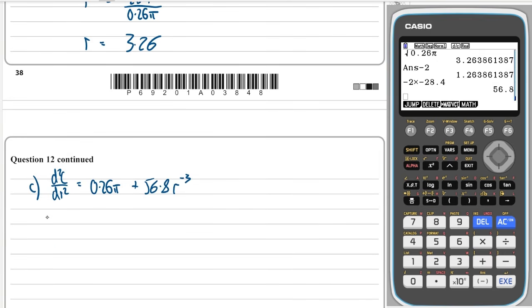Okay, and then I'm going to sub in the r value which we found into the second derivative, and when I do that I will get a positive number, and we'll just write down exactly what that number is so the examiner knows that we know what we're doing.